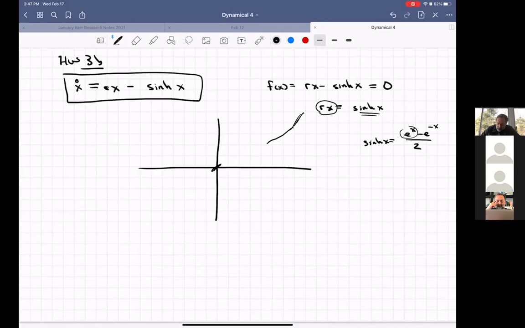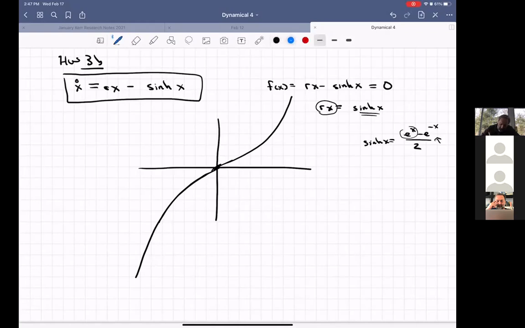And when X goes to negative infinity, this term wins, so it's got to do something like that. That sound right? Everybody buy that? It looks something like that, right?